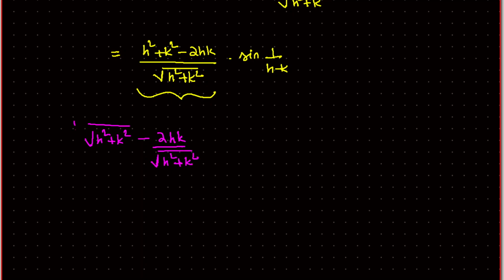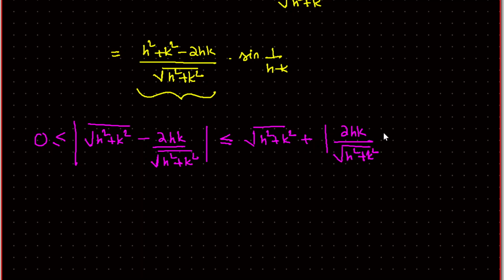Now observe that if you take the mod of this, it will definitely be bigger than or equal to 0, and it will be less than or equal to under root h square plus k square plus modulus of 2hk divided by under root h square plus k square. This is by using the triangle inequality, right?